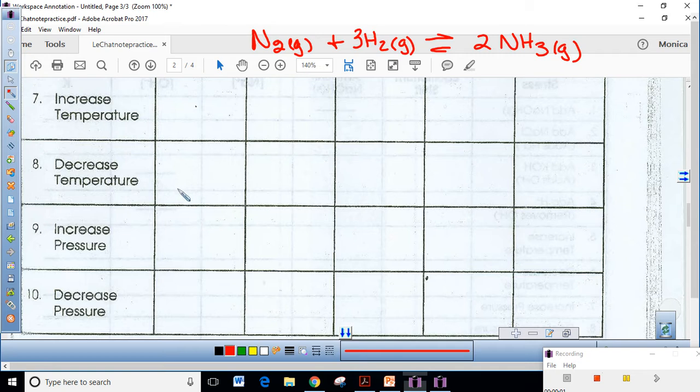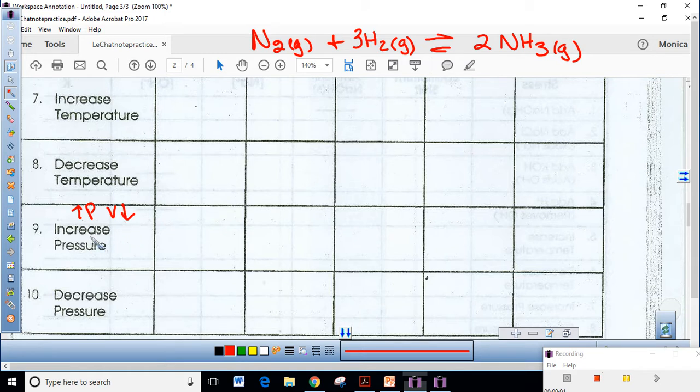Let's see if the next one has. All right, good. So number 9 and 10, still the thing going on. We've got pressure. Anytime you increase pressure, if pressure goes up, volume goes down. So they're opposite. So volume going down, and if you think of volume as space, space is the best way.